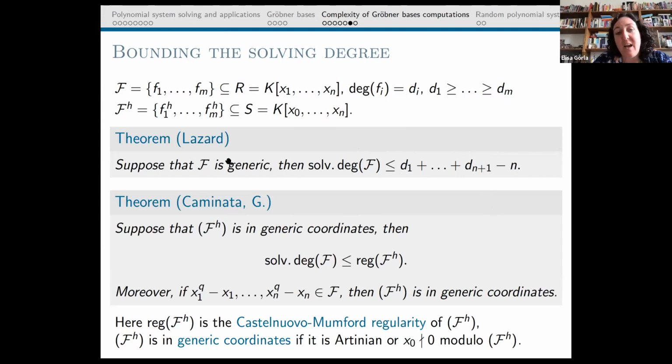So if F homogenized is a complete intersection, then the solving degree is less than or equal to the regularity of the homogenization, but in fact generically equal. Thank you.